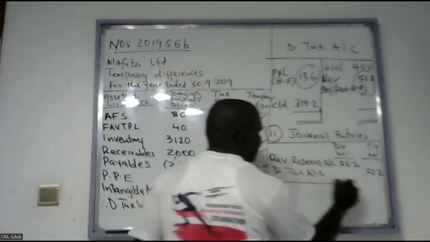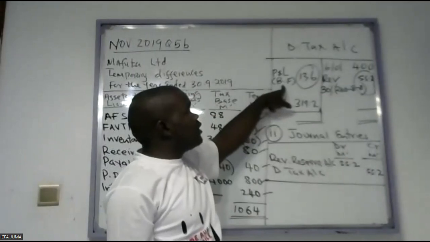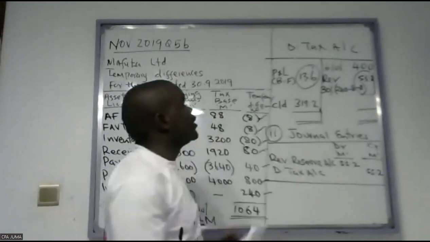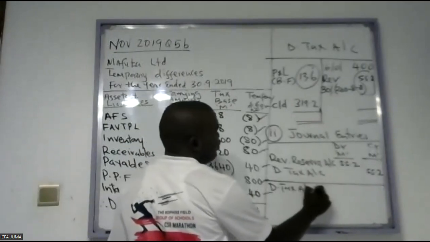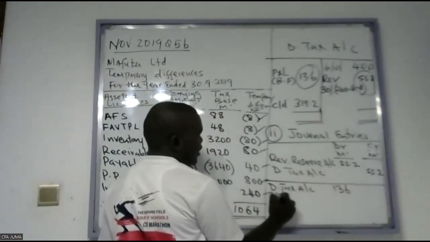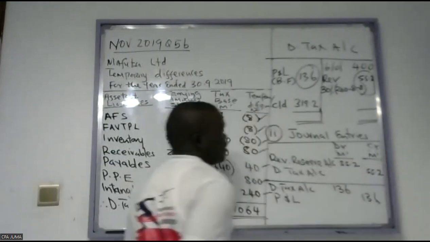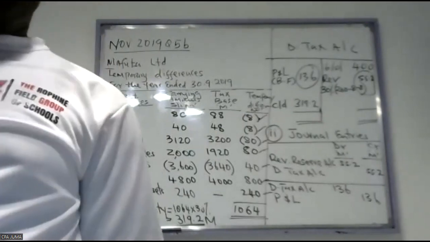Then we record this other one. I've debited deferred tax with the profit account, so the corresponding entry is to credit P&L. We have debited the deferred tax account with 136, so I will credit profit and loss also with 136.